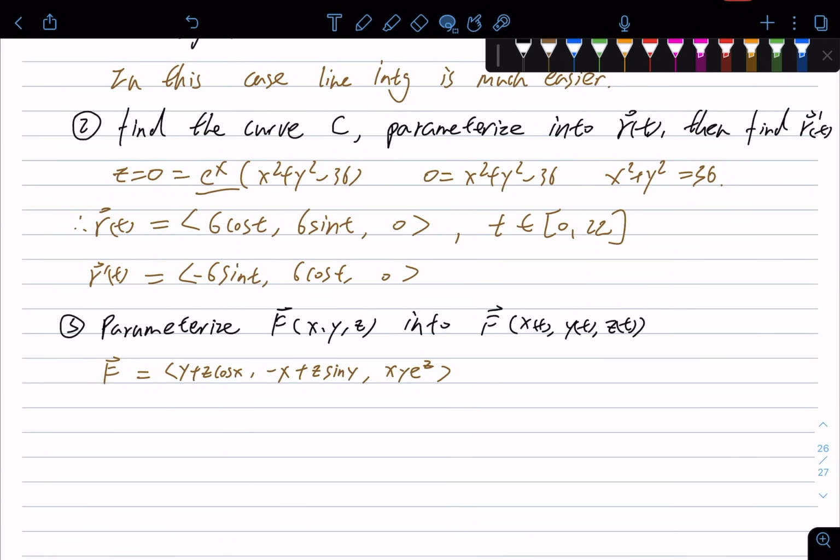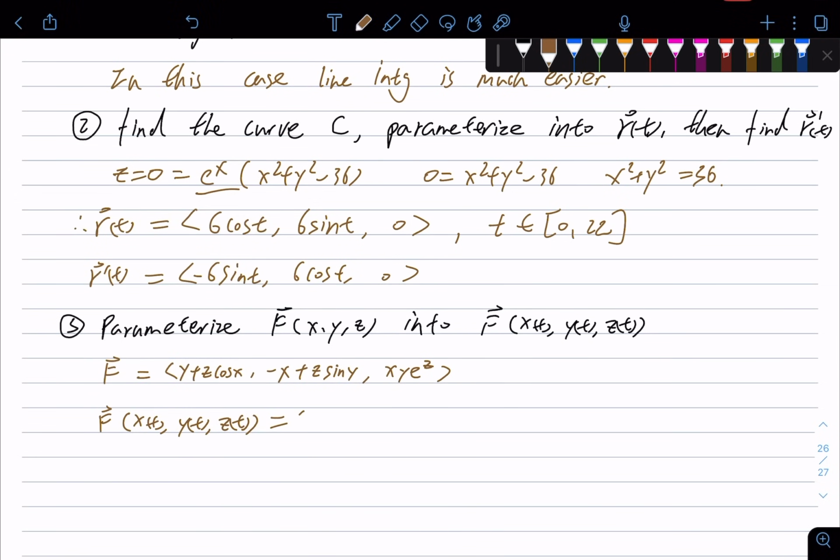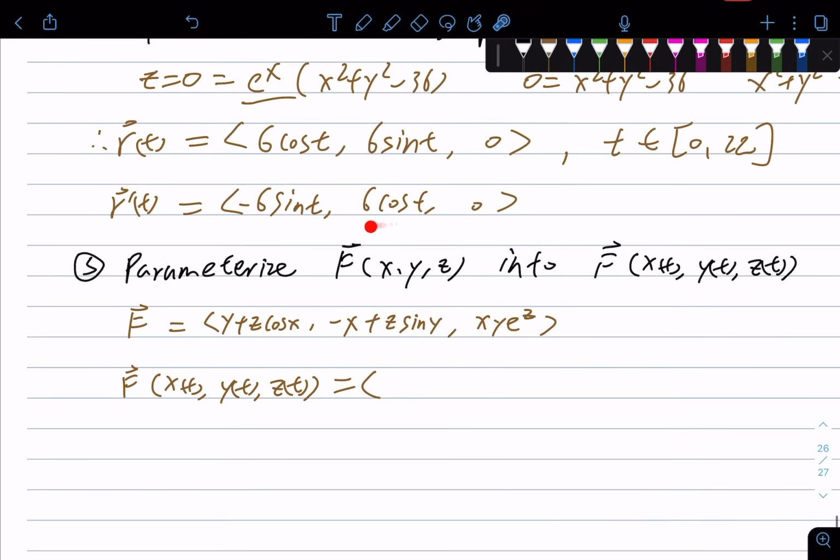And then we're going to parameterize it. So f of x of t, y of t, z of t. What we mean by parameterization is just wherever we see a y, we're going to replace it with y of t, x of t, which is going to be right here, and then z of t.